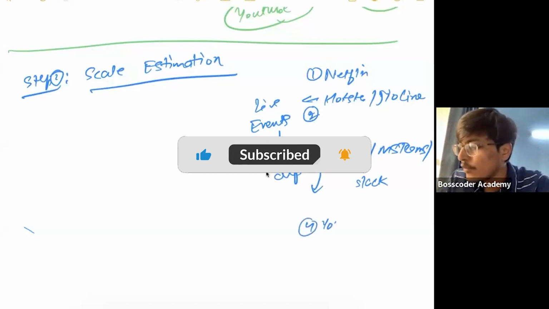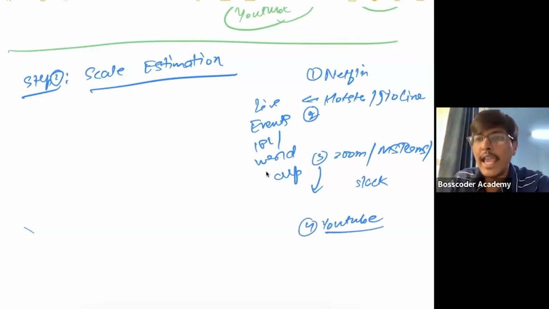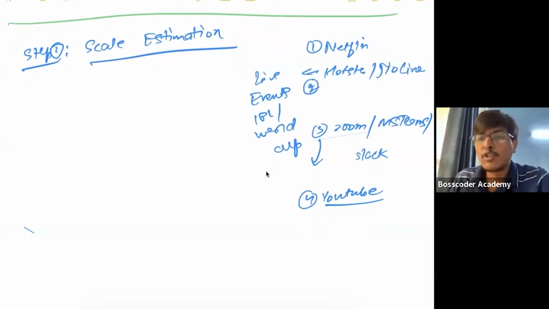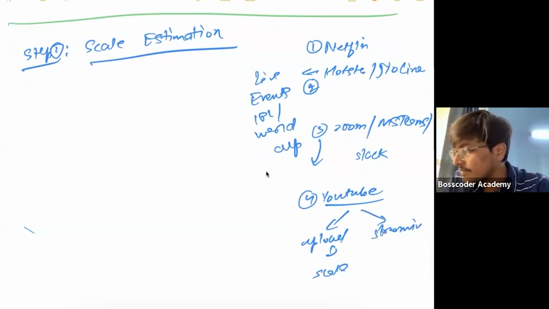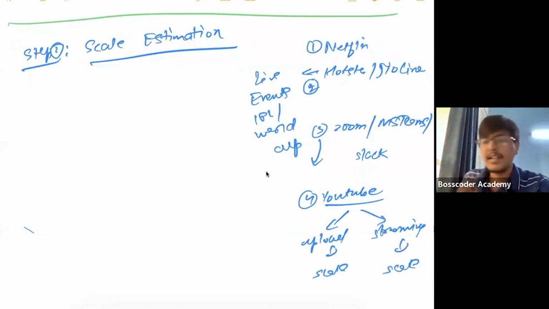There is also one type of design like YouTube, where anyone can upload. I can also upload videos. So there is upload, there is scale, and then there is streaming. So there are these different types of things. Whenever you are designing a streaming kind of platform, there are 2 things that you should talk about in scale estimation.